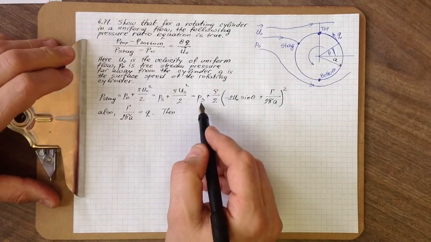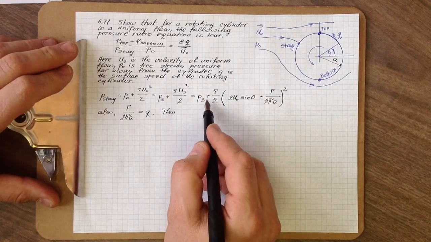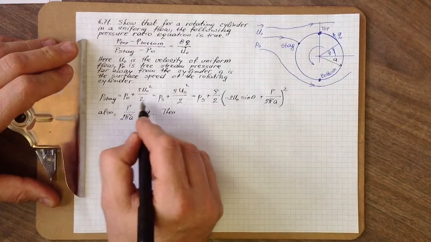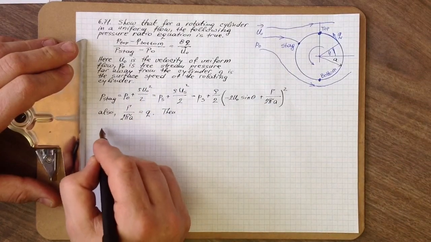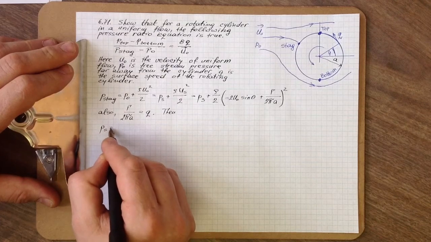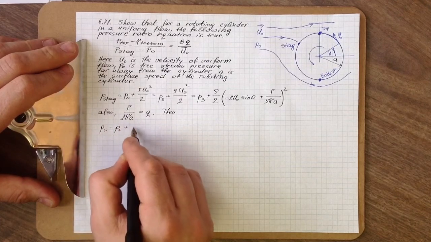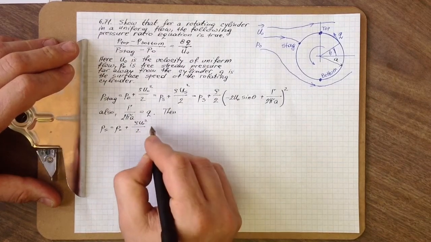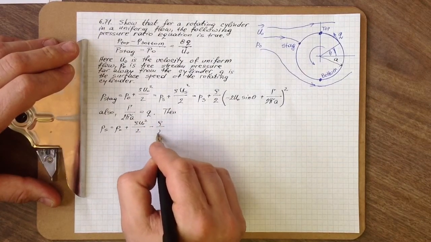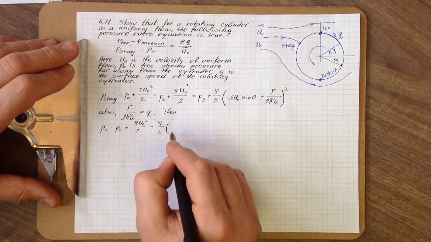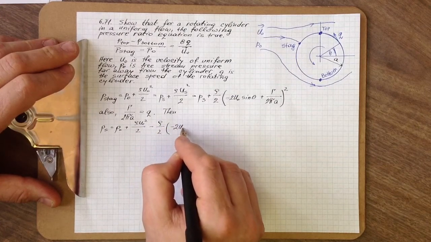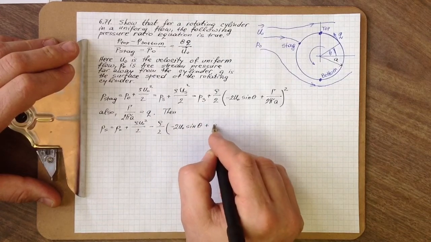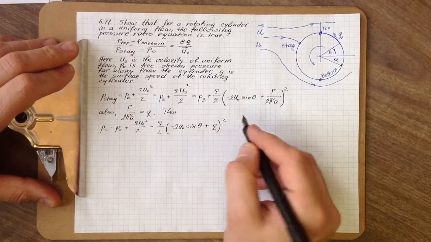Then also, as we move, we want to solve this for PS. So using this equation and this equation here, we say that PS is equal P naught plus rho U naught squared half minus rho half of minus 2 U naught sine theta plus Q squared.